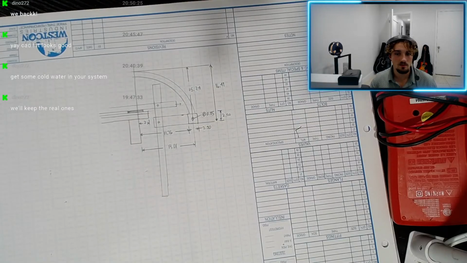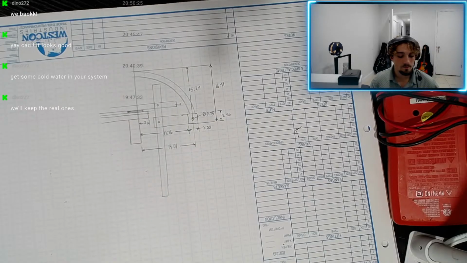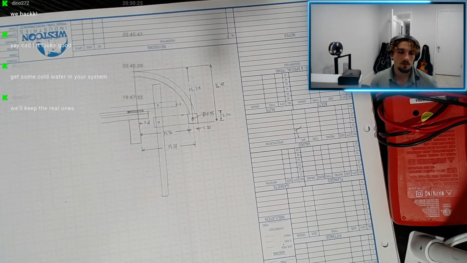Let's make this, what, half of 2.5, right? 1.25.